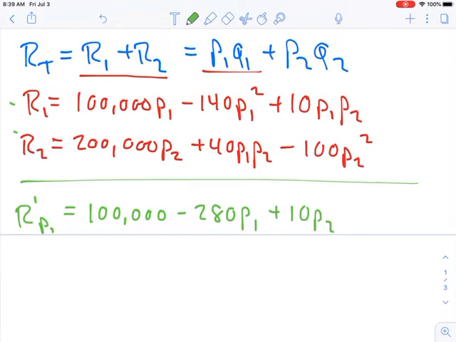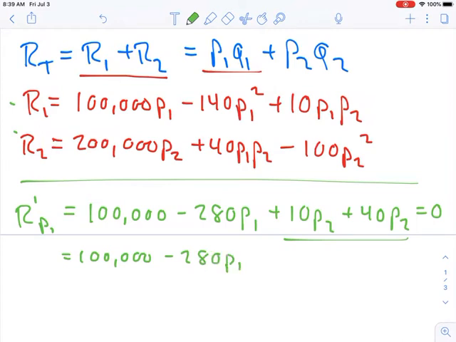And then down here, we're simply going to have plus 40 P2. And that would be equal to 0. Well, we can combine these last two terms. So we have 100,000 minus 280 P1 plus 50 P2 equals 0.